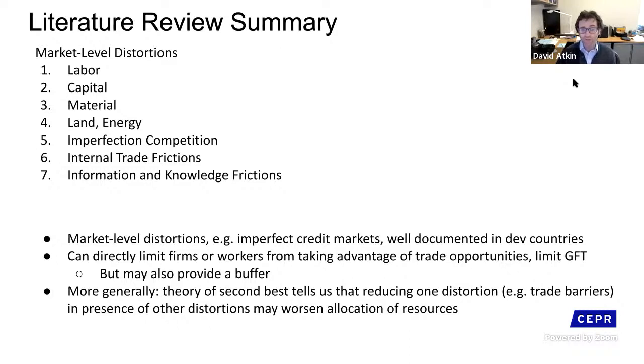And we know from the theory of second best that in the presence of other distortions, such as in labor or capital markets or material markets, the removal of a single distortion, the trade barriers, may not necessarily improve the allocation of resources if, for example, it was counterbalancing some other distortion. And so we need to think carefully in this area about how these particular distortions interact with the gains trade generates.